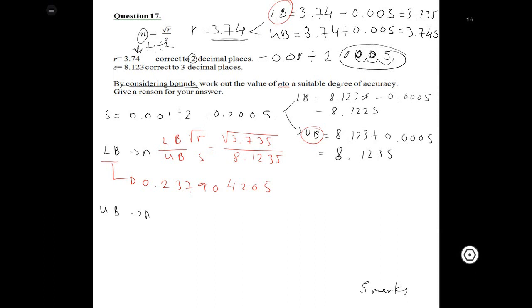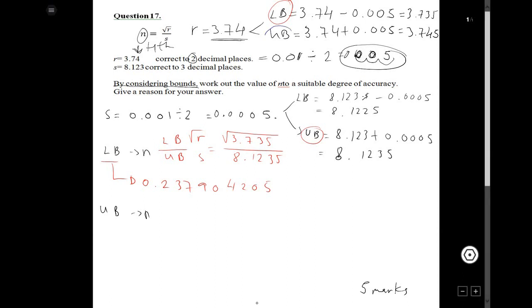So the bigger the number I'm dividing and the smaller the number I'm dividing by is going to get me the biggest possible answer I could get. So that's the reason why for the upper bound of n, I'm going to use the upper bound of r over the lower bound of s.